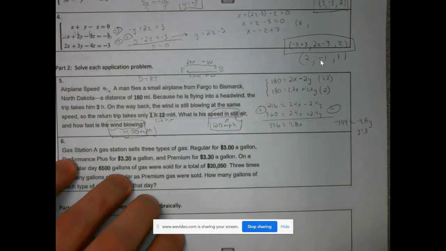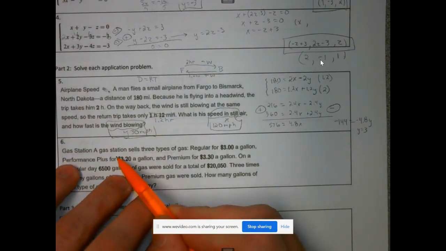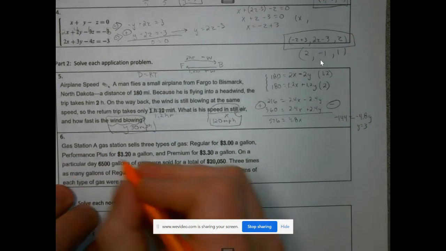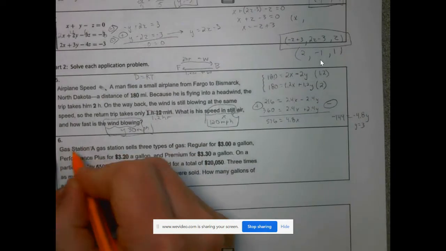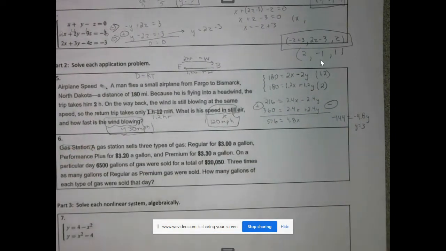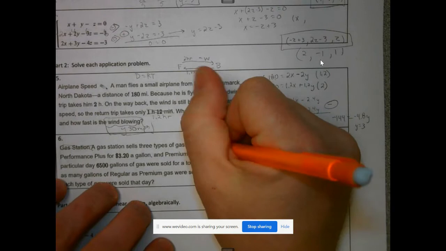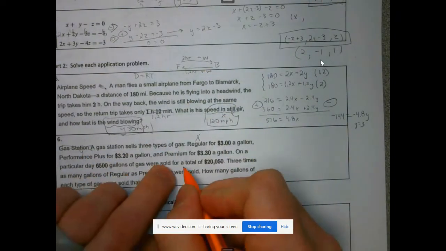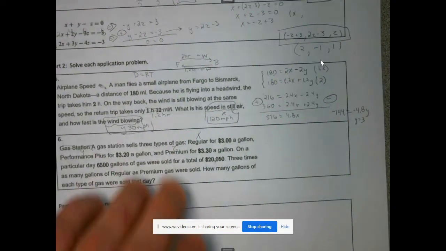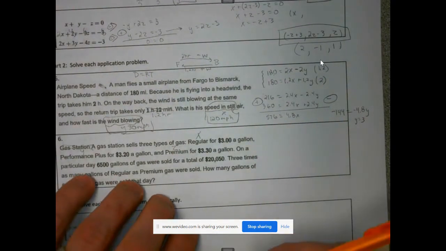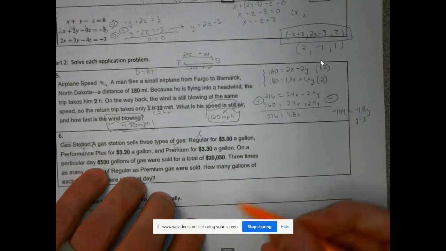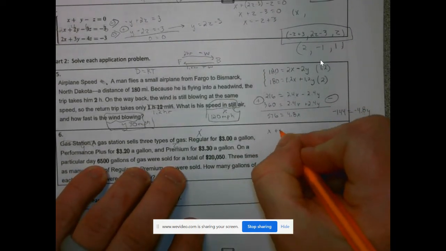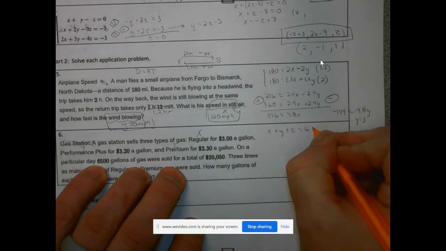Okay, gas station. A gas station sells three types of gas: regular, which we'll say is X, performance, which we'll say is Y, and premium, which we'll say is Z. On a particular day, 6,500 gallons were sold. So we have X plus Y plus Z equals 6,500.